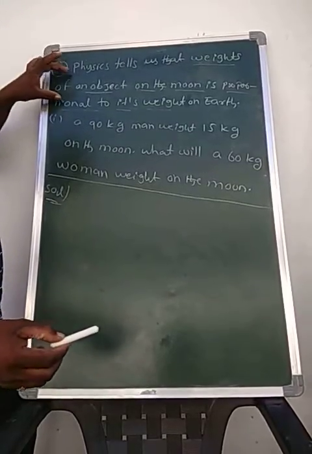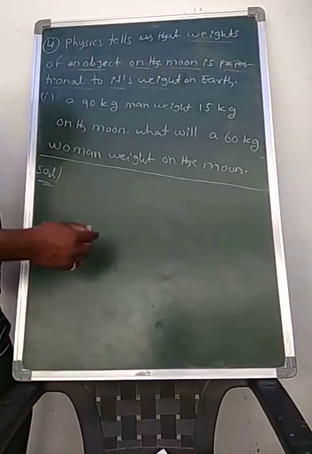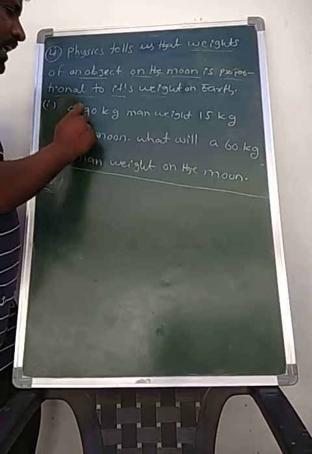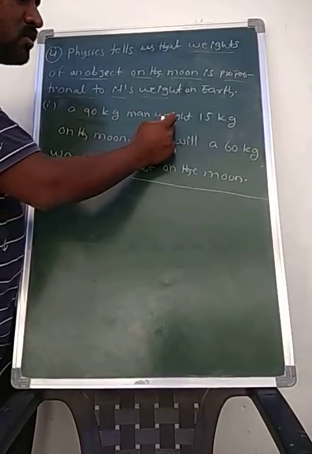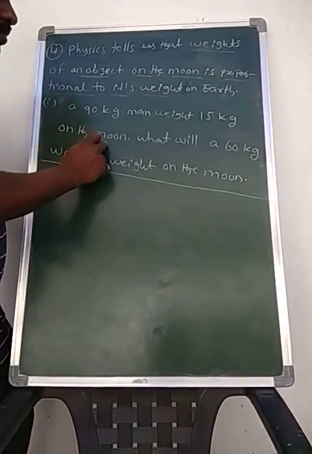So this is the data given. Hint. So the given question is, a 90 kg man weighs 15 kg on the moon.